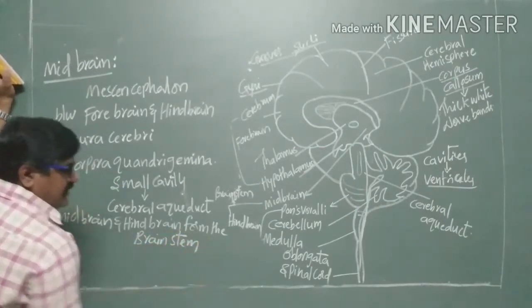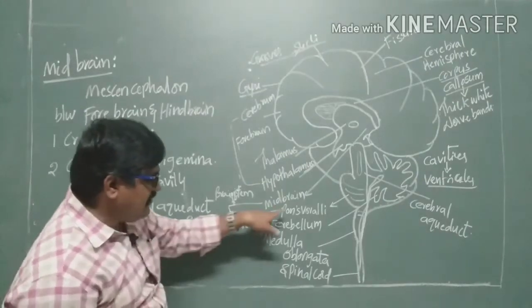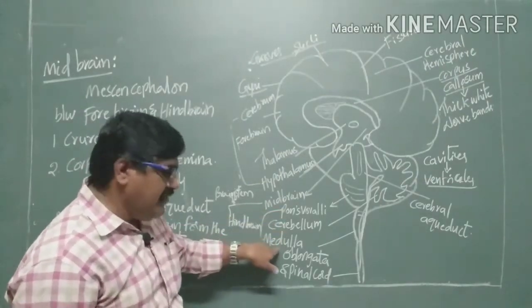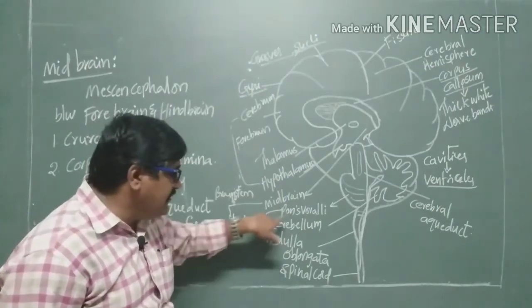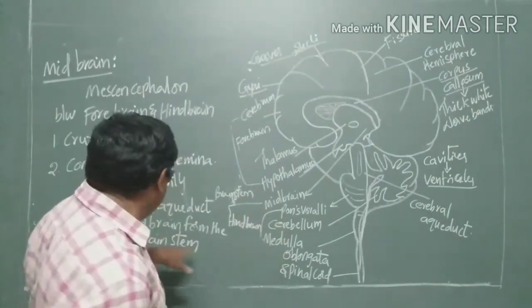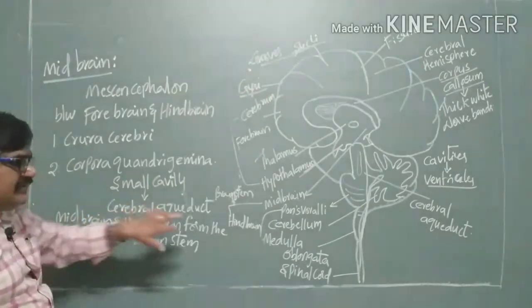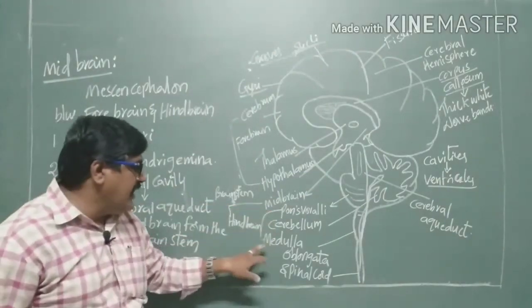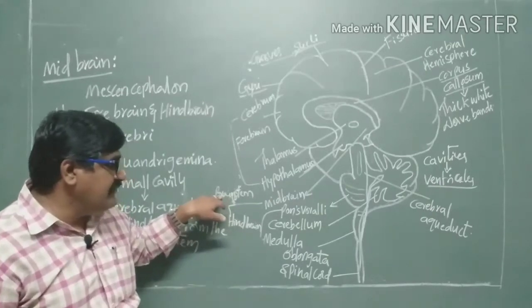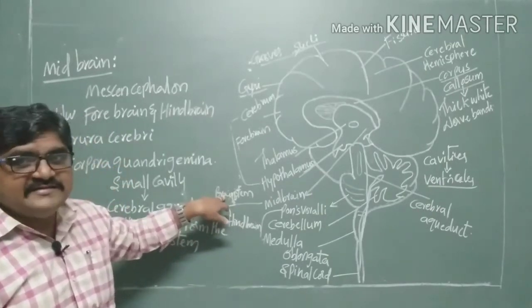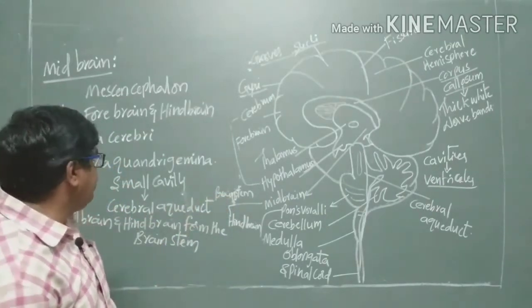The hindbrain consists of the pons varolii and the medulla oblongata. So the midbrain, along with the pons varolii and medulla oblongata, forms the brain stem. It helps in the formation of the brain stem.